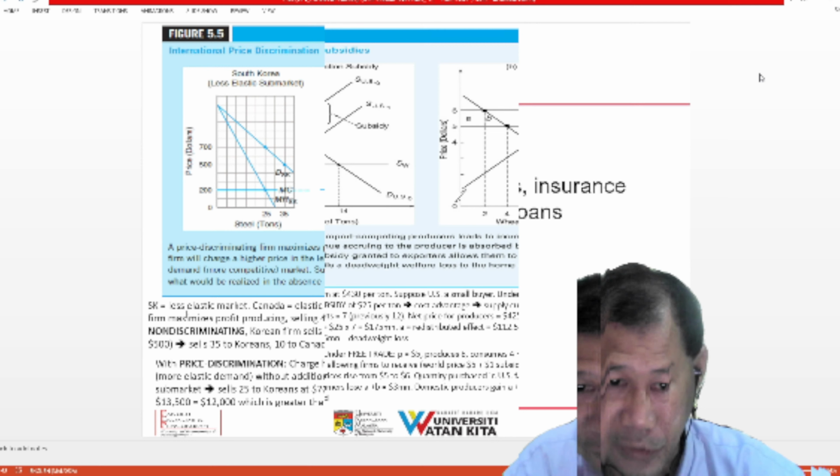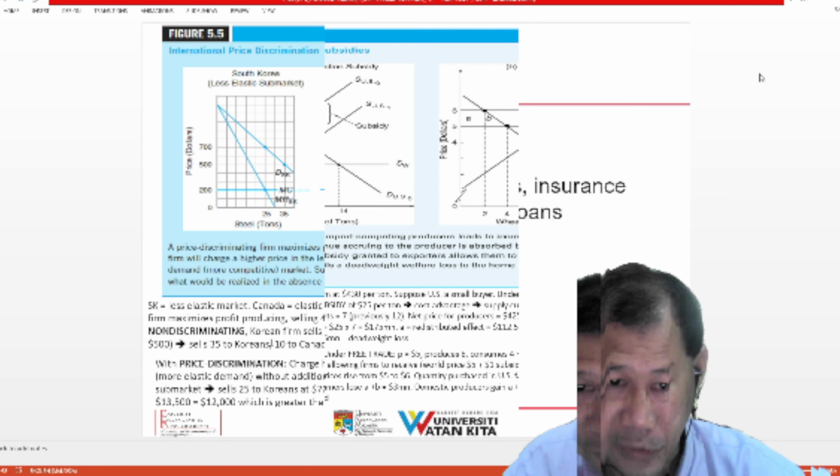South Korea is the less elastic market, less elastic demand. Canada is more elastic, with a lower gradient. So for the total market we add horizontally the South Korean and Canadian markets.